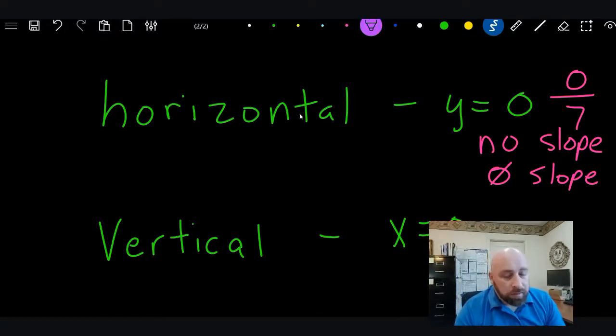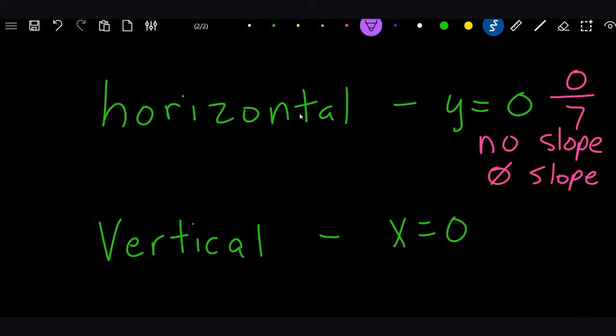Now, it's similar with the vertical line, except for the vertical line the denominator equals 0, so you'd have 7 over 0. Now, in math, if you put 7 over 0 in your calculator, it's going to say math error. You cannot have a 0 in the denominator. It doesn't work. So this one is what we call undefined.